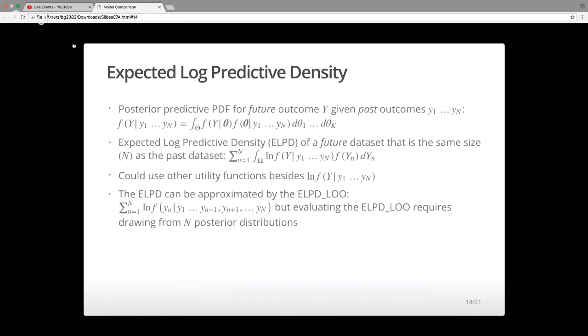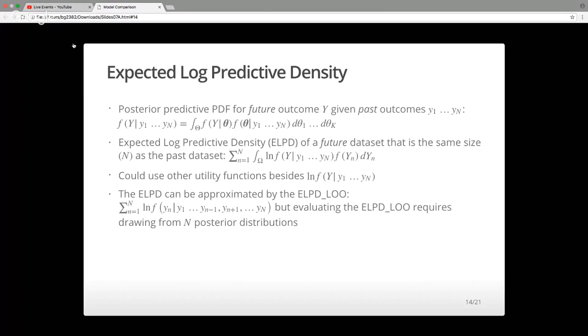And so the way in which this is conducted goes like this. Starting with the posterior predictive density, the PDF of the predictions for a future outcome y, given the past outcomes y1 through yn that you condition on to get the draws.